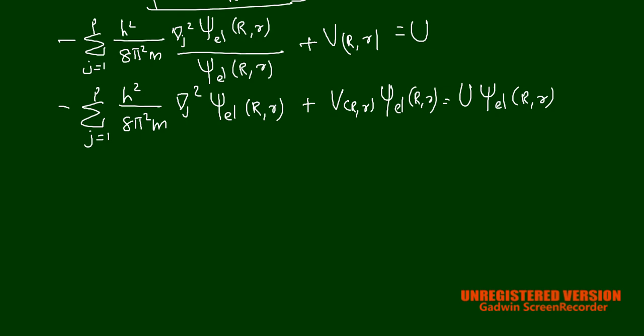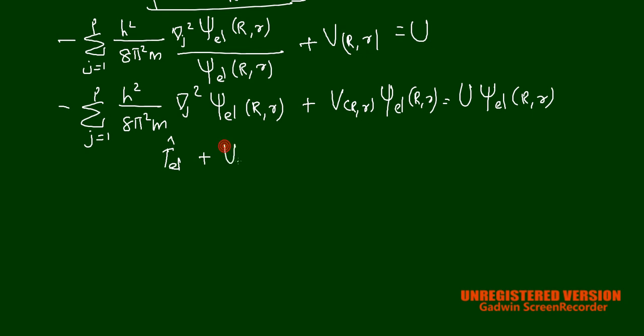equation, and this equation also you can check. It is also a Schrodinger wave equation. You can write this as minus sigma j is equal to 1 to p, h square divided by 8 pi square and del j square. That is the kinetic energy operator for the electron, right? We already know this. So kinetic energy operator for the electron, T cap electronic, plus what is the other operator?